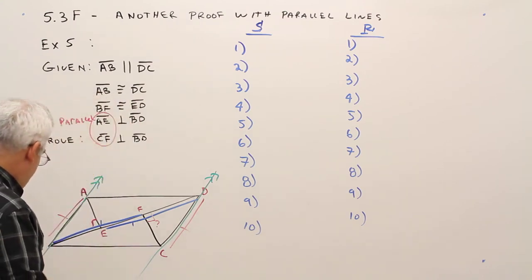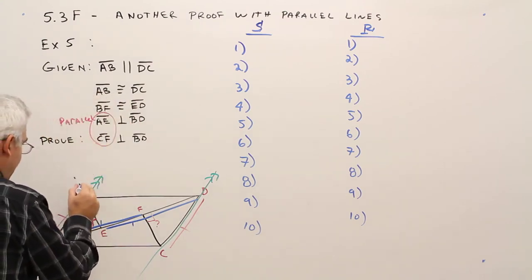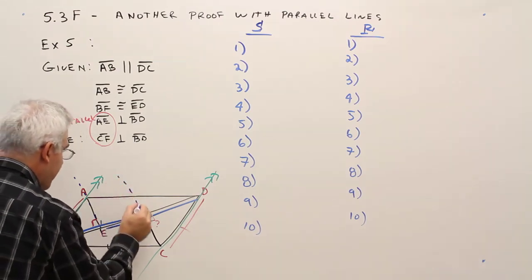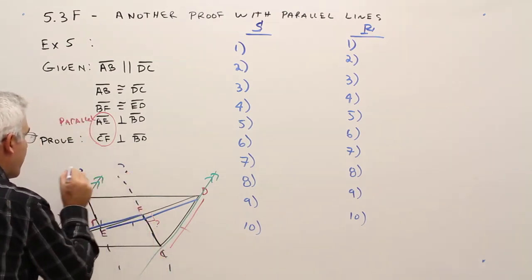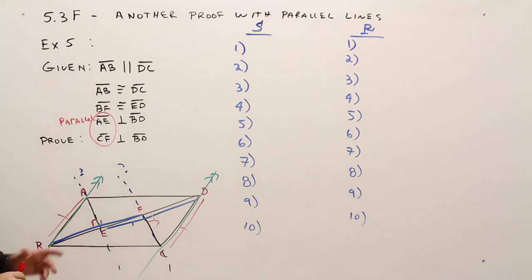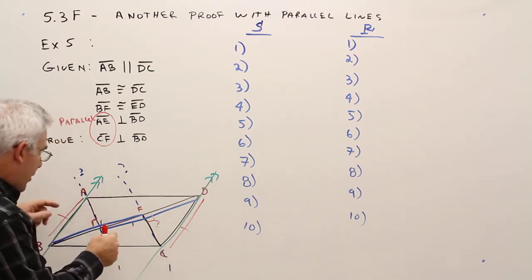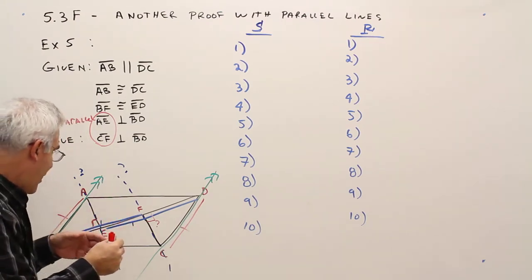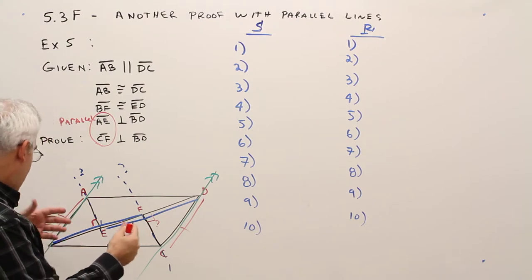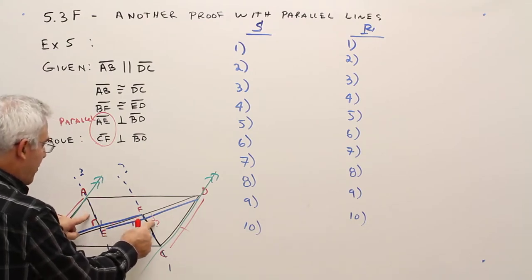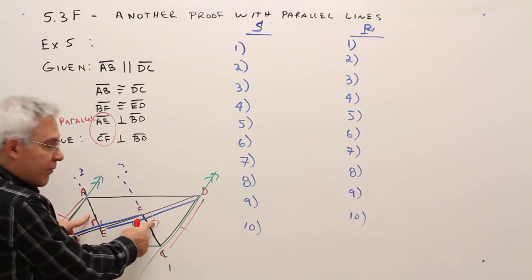So I want to get these to be parallel, if possible. It looks like what I could do is try to get these two angles congruent.